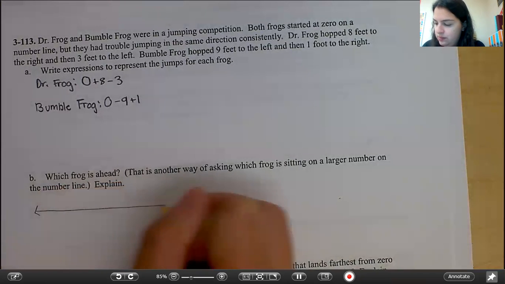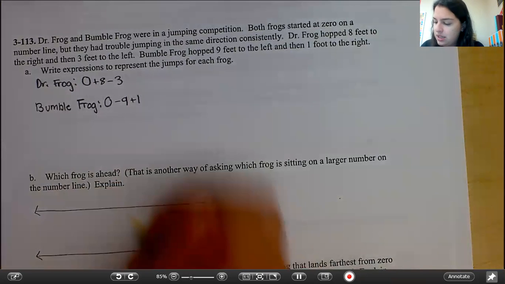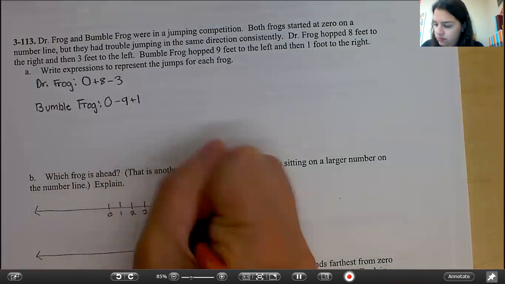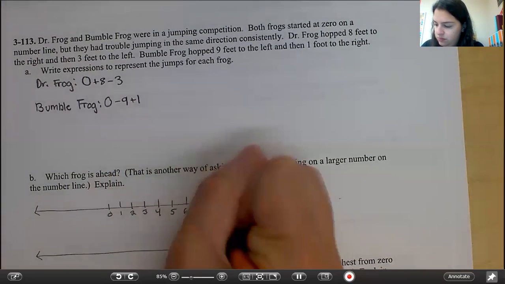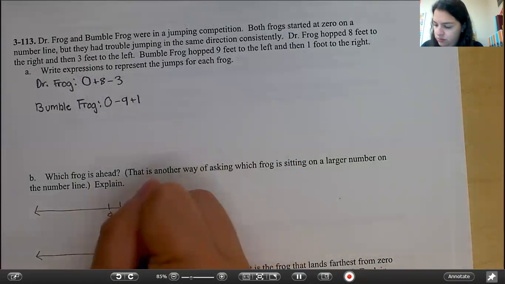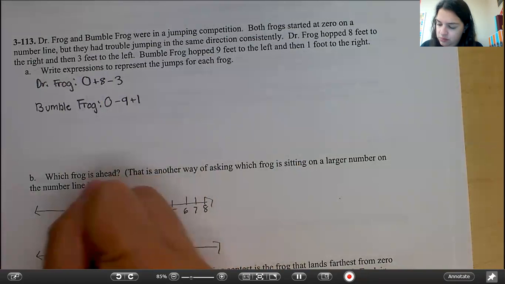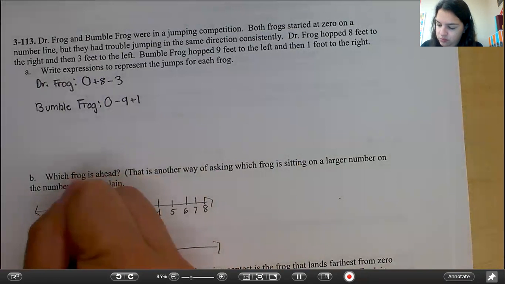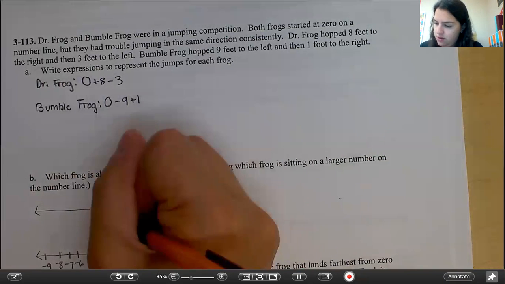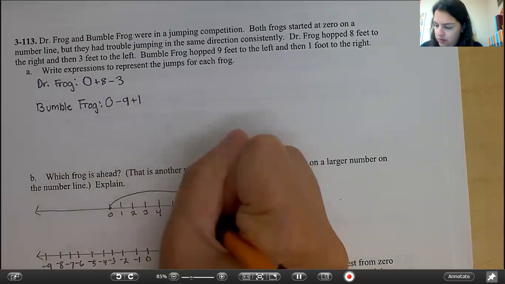So if you're back with me, that means you've answered part B. If you drew number lines, that's fine. So let's draw some number lines here. If we started at 0 for Dr. Frog, we went 8 to the right, 3 to the left.